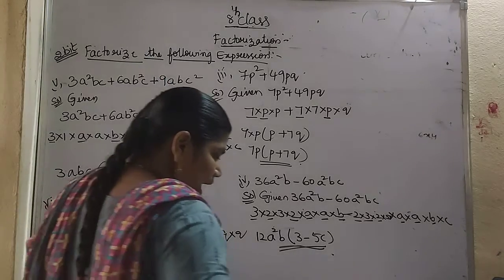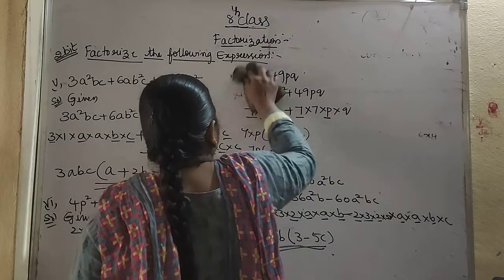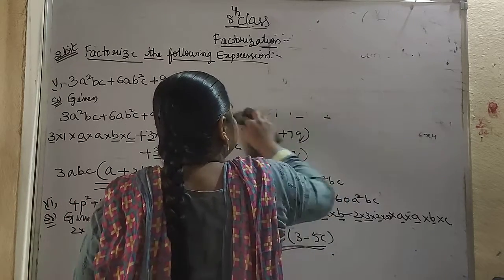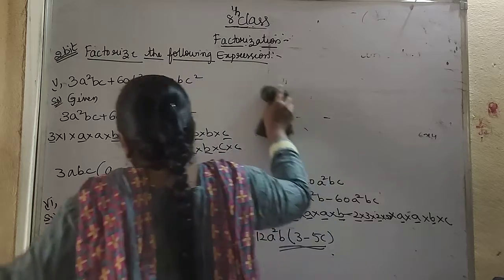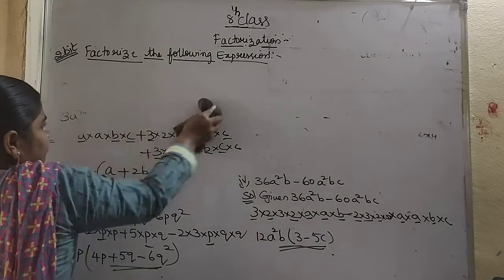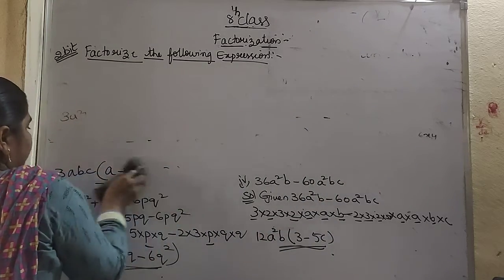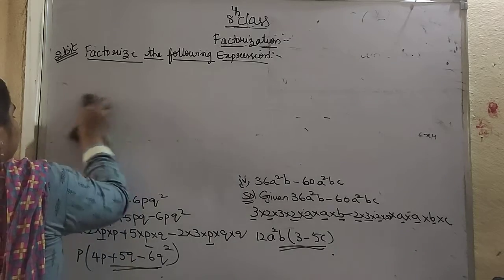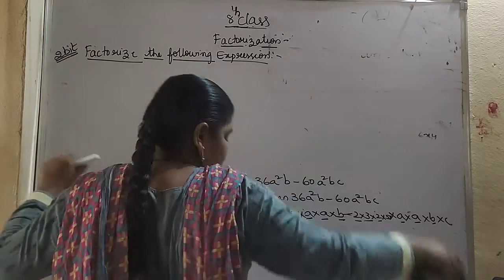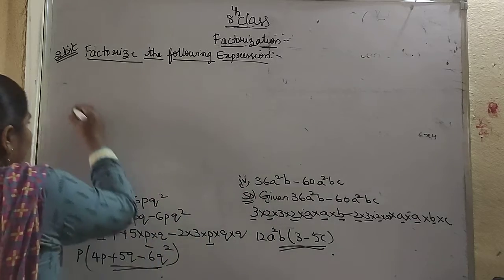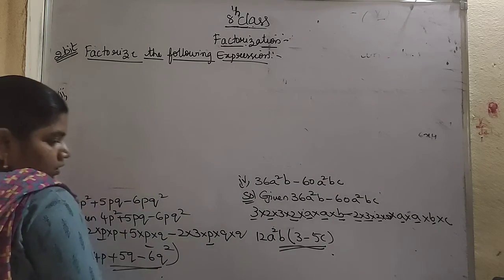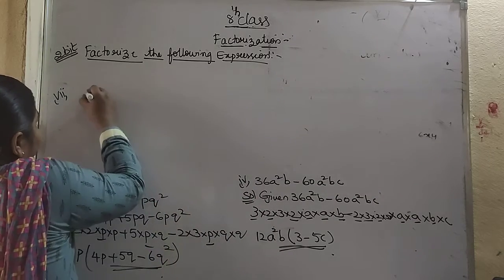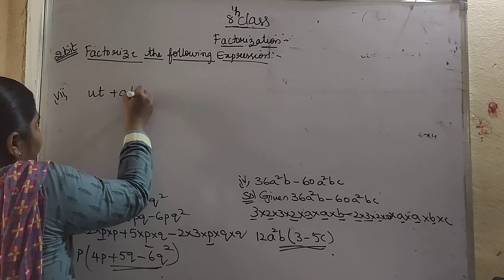Next is the last one, the seventh one in this bit. The seventh one is ut plus at square.